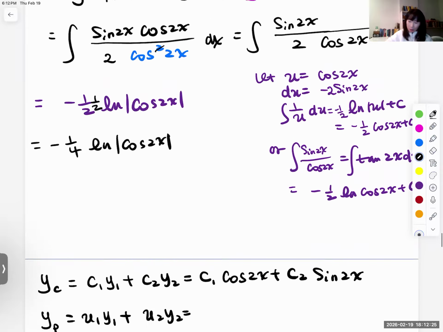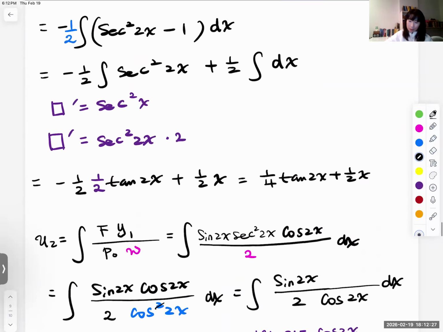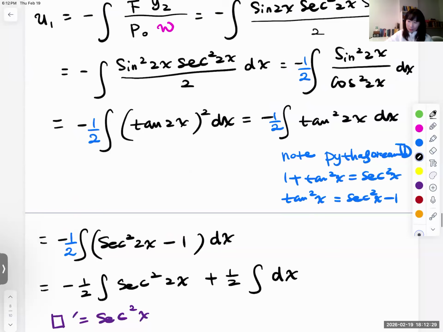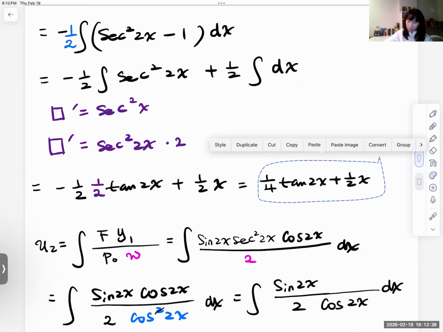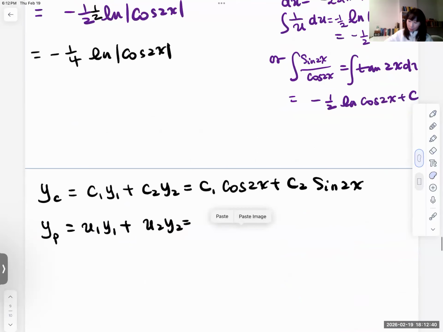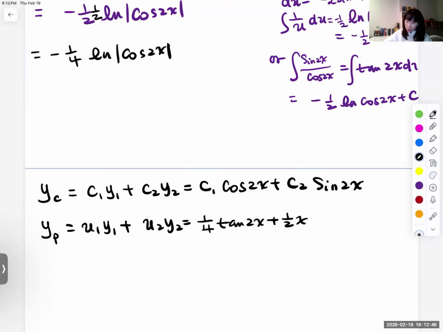So u sub 1, we had, this is u sub 1, right? So let me copy. And u sub 1, y sub 1, y sub 1 will be cosine 2x plus u sub 2.